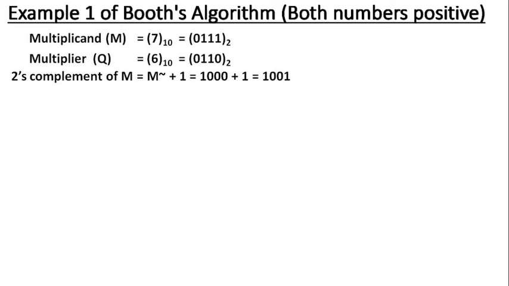M bar is basically the 1's complement, which is shown on the right. As multiplicand is 0111, its ones complement will be 1000 plus 1, that is equal to 1001. So the 2's complement of multiplicand m is equal to 1001, which is written on the right side.